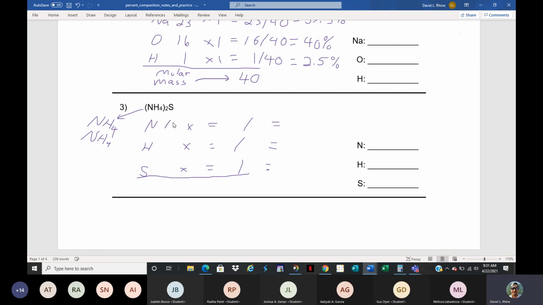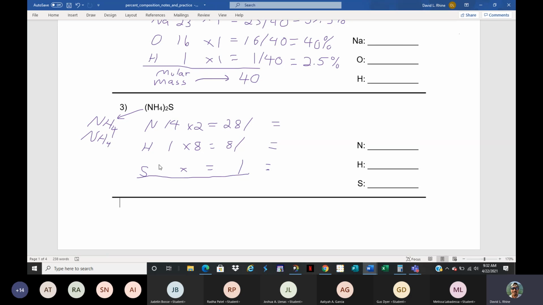So nitrogen has a mass of 14, and I've got 2 of them. So that's going to equal 28. Okay. Hydrogen, I have 2 times 4. So hydrogen has a mass of 1. I have 8 of them. So that's a total of 8 right here.